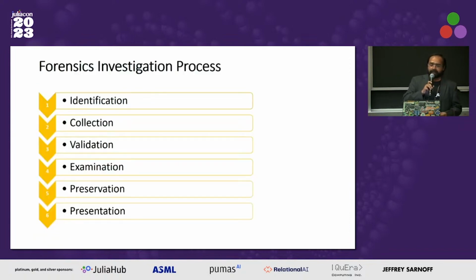So whenever we see any forensic investigation process, these are the steps involved: identification, collection, validation, examination, preservation, and presentation. So in the first step, the investigation officers are going to collect the bank statements of suspects from various banks, because the money transfers between several accounts, so they need to get the details of all these accounts.